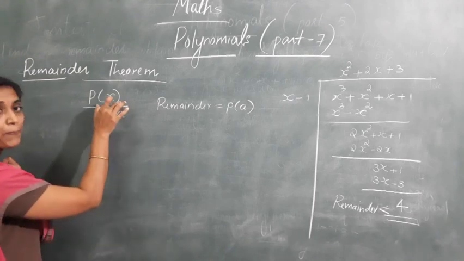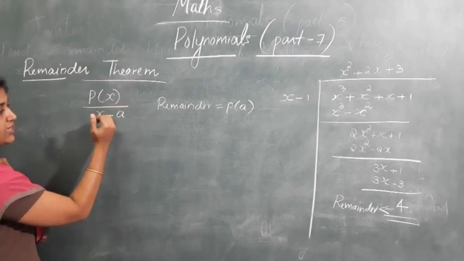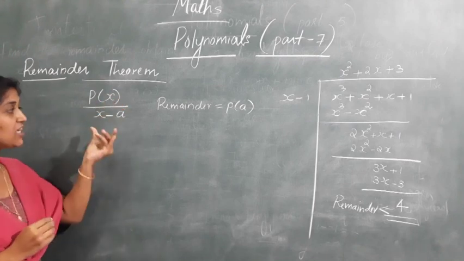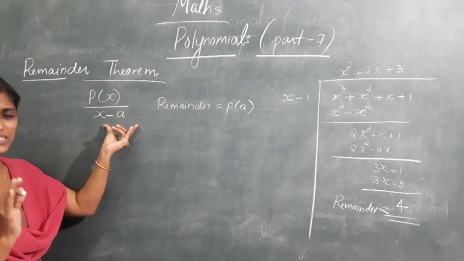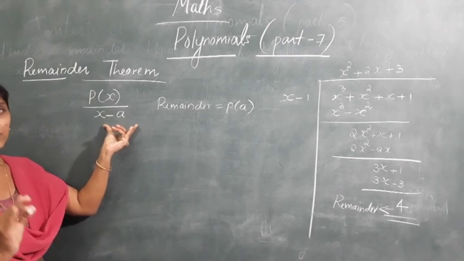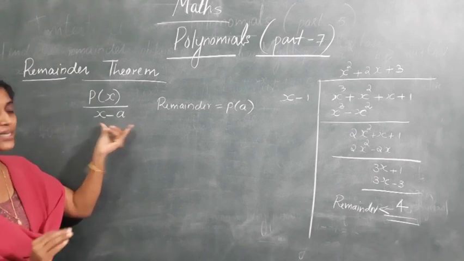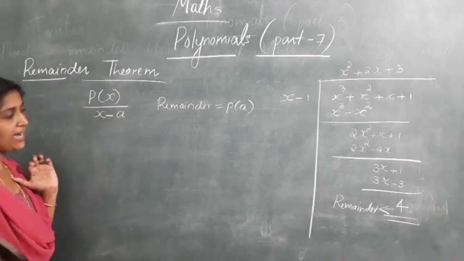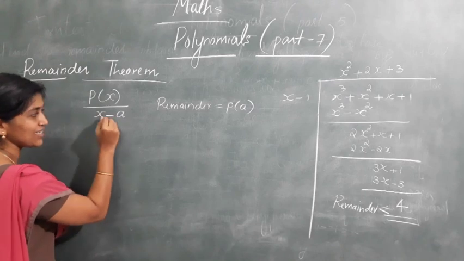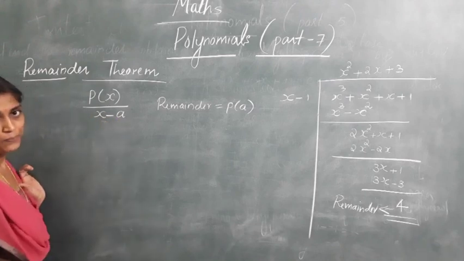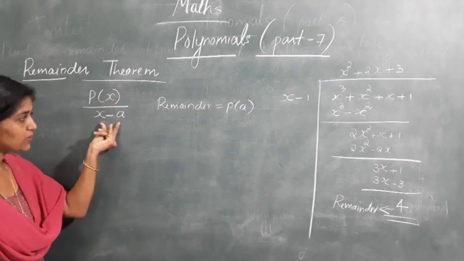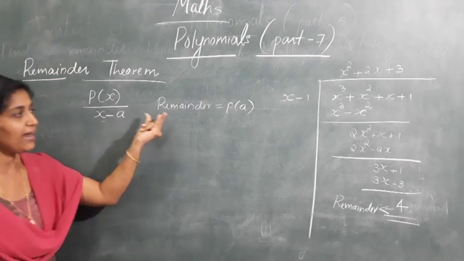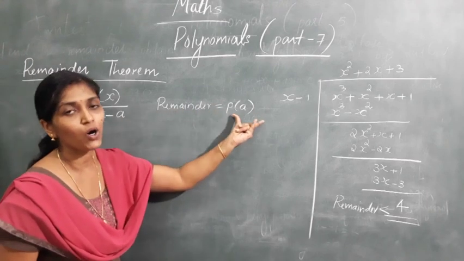So p of x is a polynomial and it is divided by the linear polynomial x minus a. X minus a is a linear polynomial, and it is x minus a used here, not x plus a. If it is divided by the linear polynomial x minus a, then the remainder is p of a.